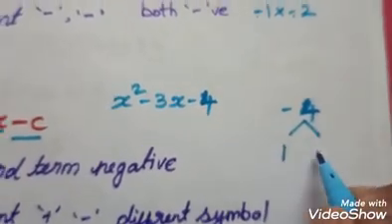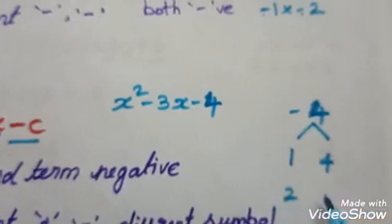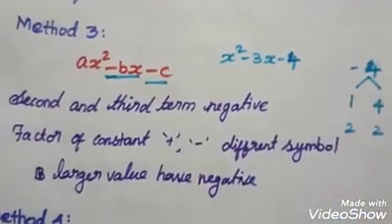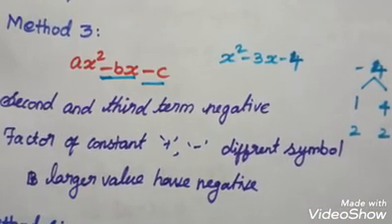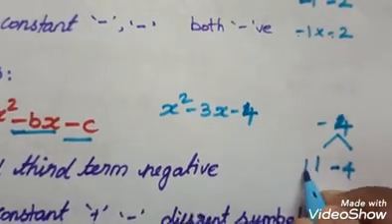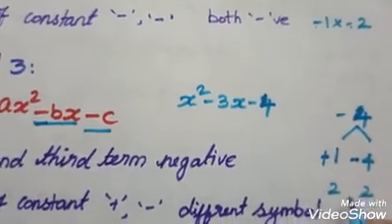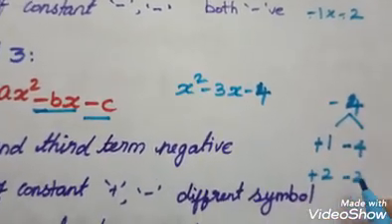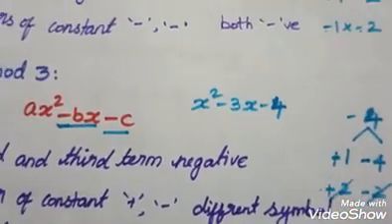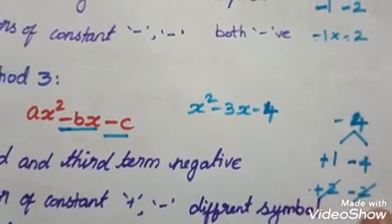It should be 1 and 4, 1 4s are 4, or 2 and 2, 2 2s are 4. These are the factors. So different symbol and the larger value we take negative, which means the smaller value is positive. Here both are the same, so one is positive and one is negative. Plus into minus, minus, 1 4s are 4. This one becomes 0, so the second one is not possible.